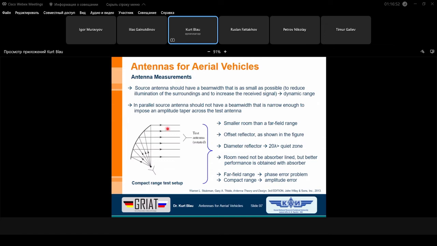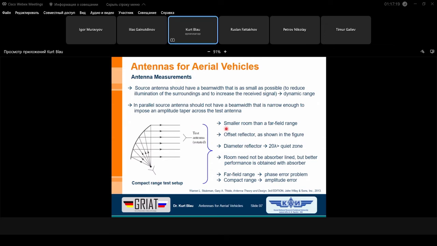As you can see here, the problem we have in case of the spherical waves coming from our illumination antenna is, let's say, repaired, or compensated, by this specially shaped reflector. And this is the secret of this compact range test setup.